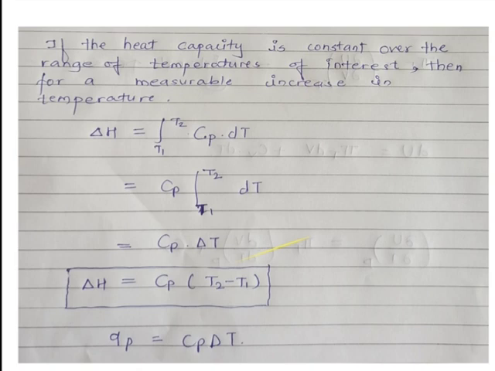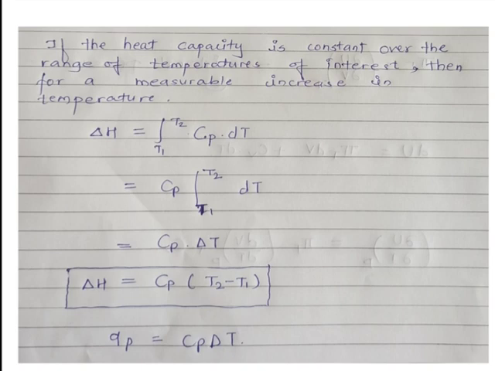Now if the heat capacity is constant over the range of temperatures of interest, then for a measurable increase in temperature, the enthalpy is given by delta H is equal to the integration of Cp dT. Here temperature is changing, that's why integration is taken, with limits T1 to T2. Cp is taken common, and in the integration only dT is there.